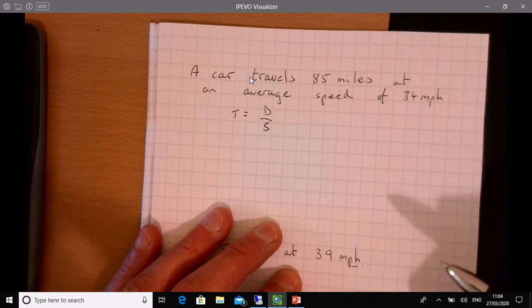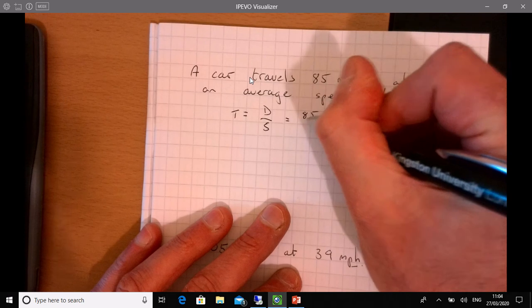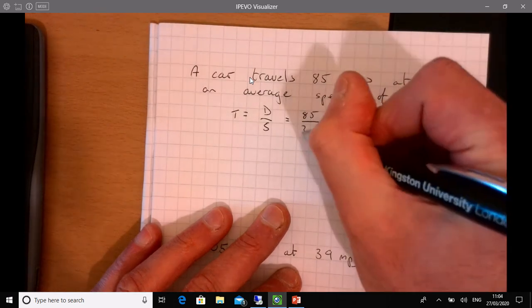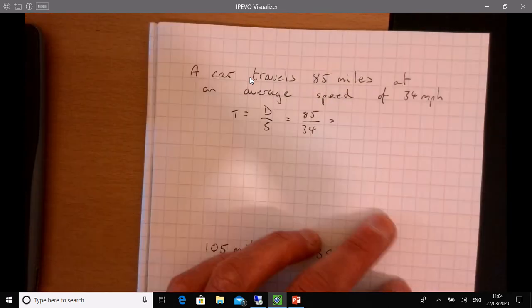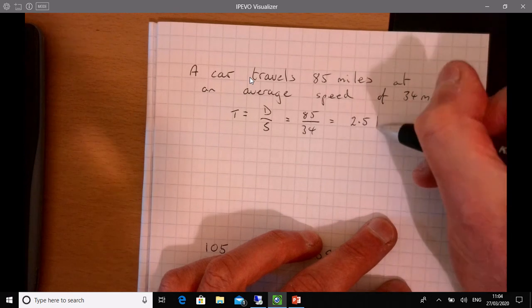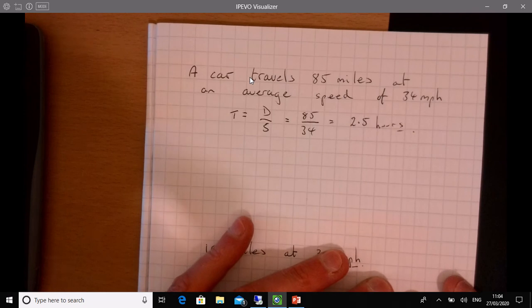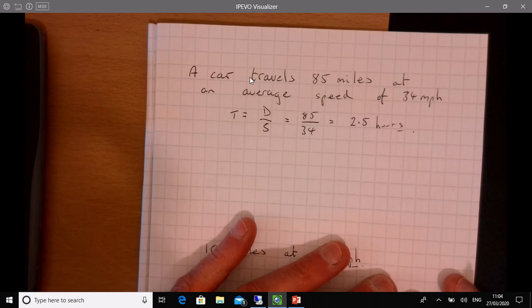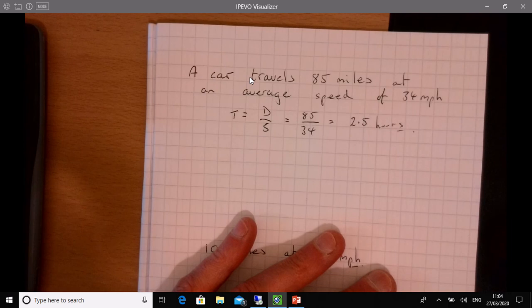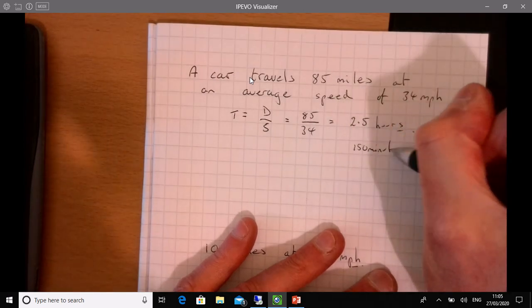So this one is, you could argue, a little bit easier. We've got 85 divided by 34, and that's going to be 2.5 hours. You should hopefully recognise that's 2.5 hours, or 150 minutes, so there's no real calculation to do.